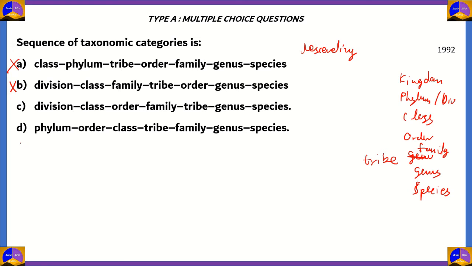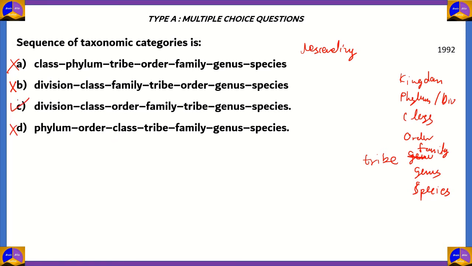Now, let's look at option D, the last one. It says phylum, order, class, tribe, family, genus, species. Now, over here, phylum is given first, but then order comes second, whereas order actually comes lower than class. So order is a lower taxonomic category. That means option D is also incorrect.